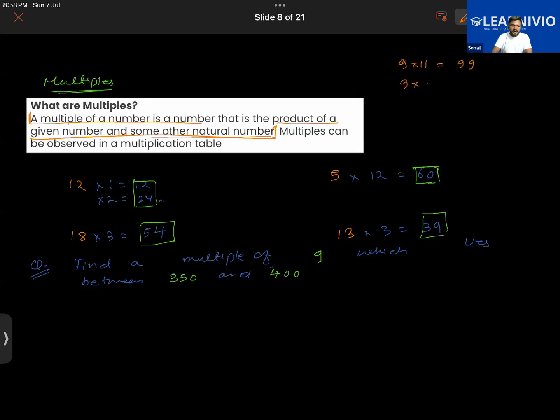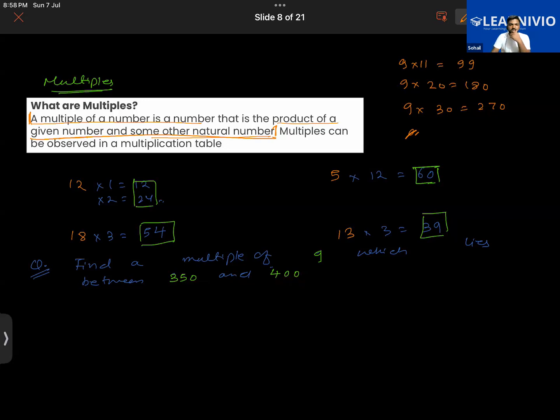Or 9 twenties are 180, that is also a multiple of 9. Or 9 thirties are 270, that is also a multiple of 9. So like this, you have to find a multiple of 9 which will lie between these two numbers, 350 and 400.